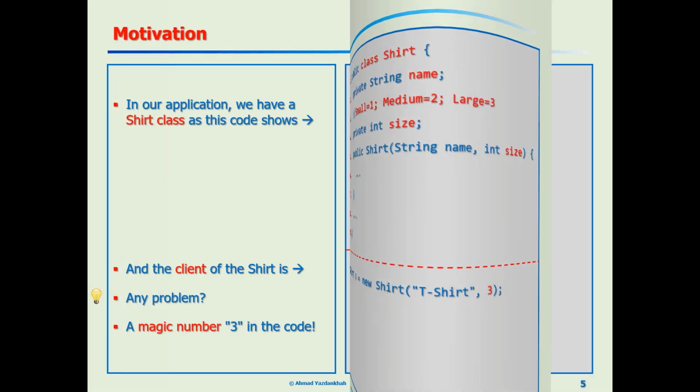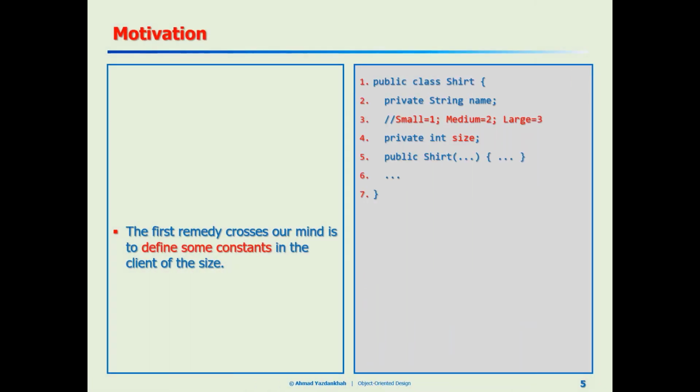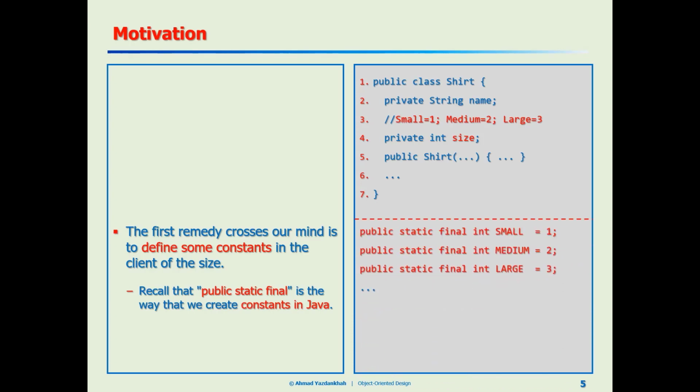Yeah, so the first remedy that crosses our mind is to define some public constant. When we say public, static, final, these three guys make a global constant.